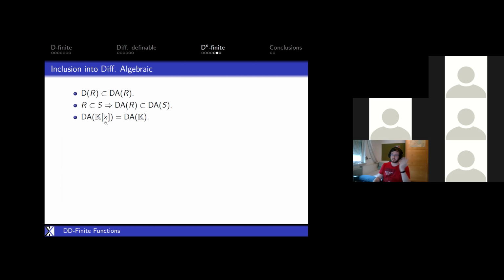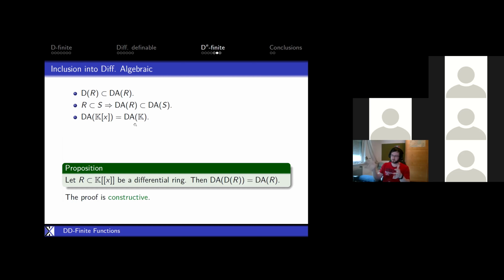And also a classical result here, and also it's true for algebraic functions, if I remember correctly: differential algebraic functions over polynomials are differential algebraic functions over the constants, which is pretty nice. So you can kind of keep reducing here.